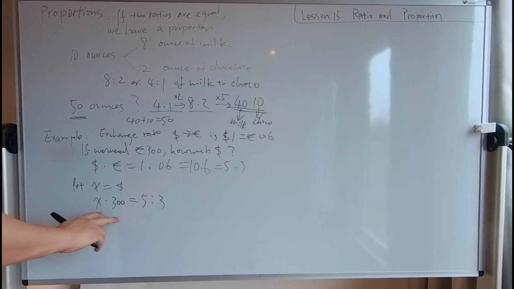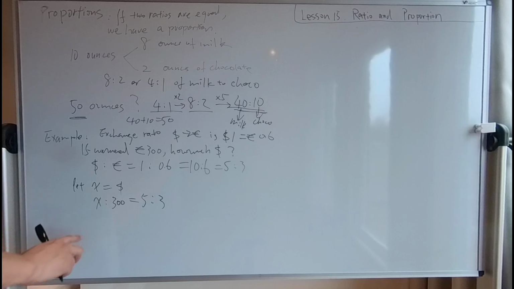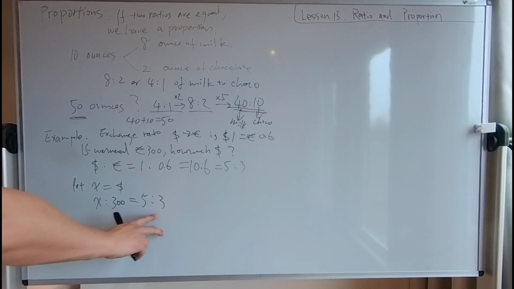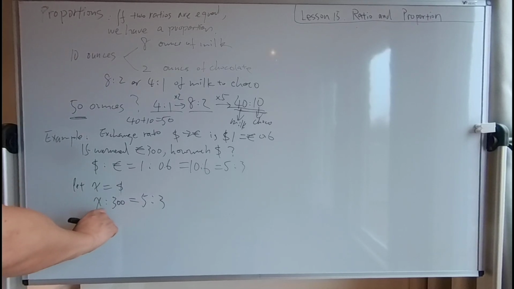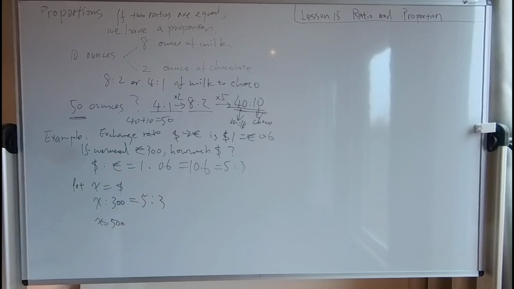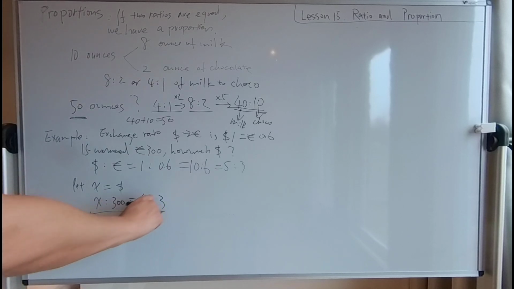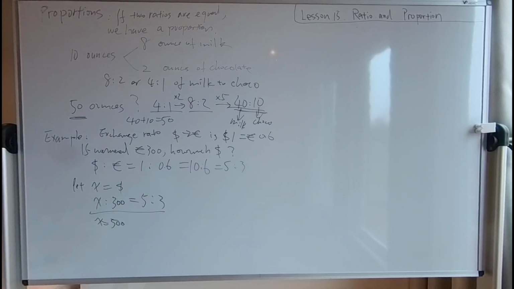You can solve this equation, or you will directly see that the actual number is just 100 times higher than the relative ratio. So that means x is 500. So I need $500 in order to convert them into 300 euro. Right, so this basically solves x from this equation.